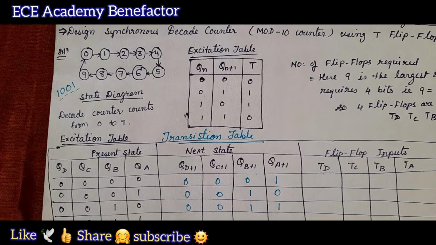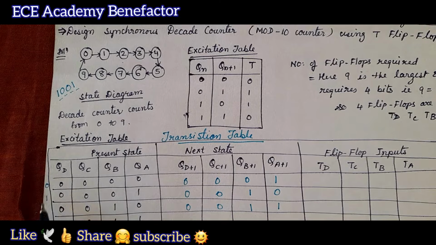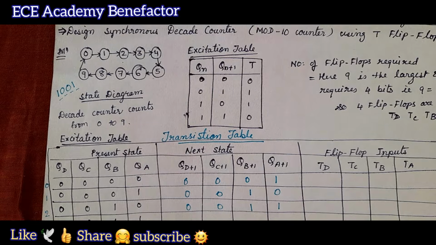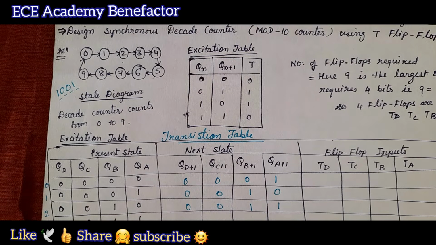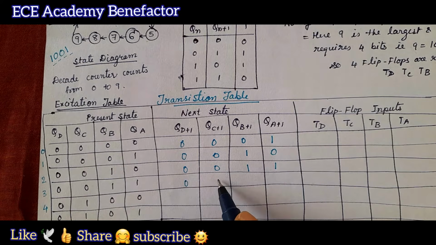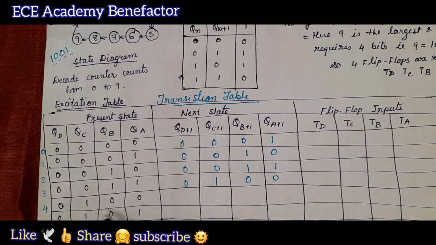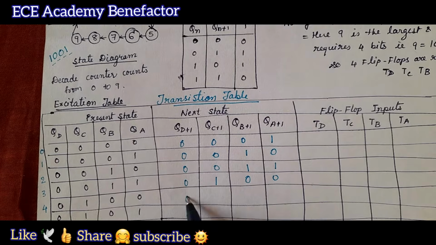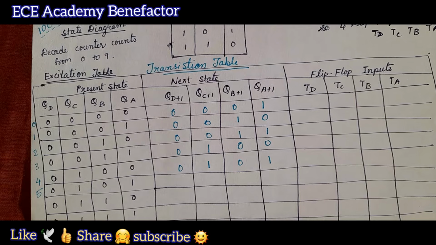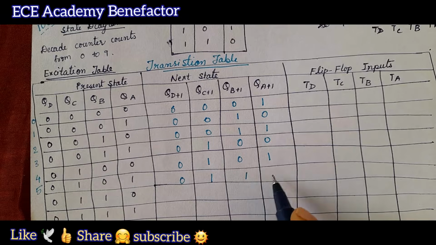You can write it in decimal form if you are not very thorough with it. This is decimal 0, 1, 2, 3, 4. After 3, what is the next state? It is 4. So, 4 is written as 0100. After 4, what is the next state? 5, 0101. And after 5, what is the next state? 6. 6 is 0110.